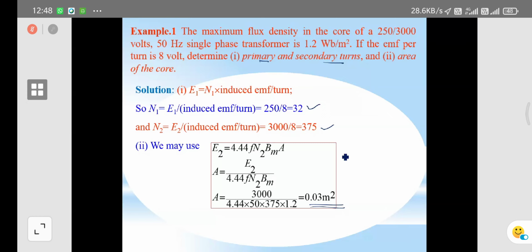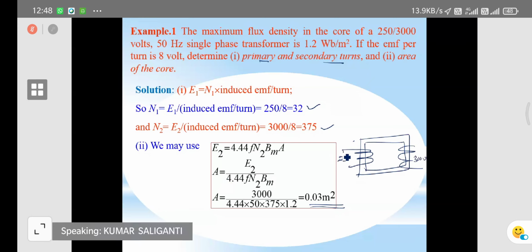If you take the cross sectional area in the transformer, you are giving primary and secondary. The primary voltage is 3000 and the secondary side is 250.